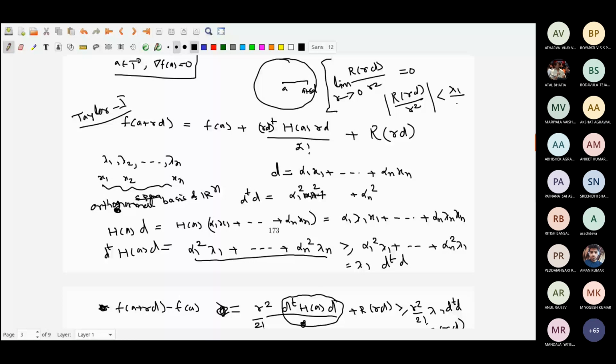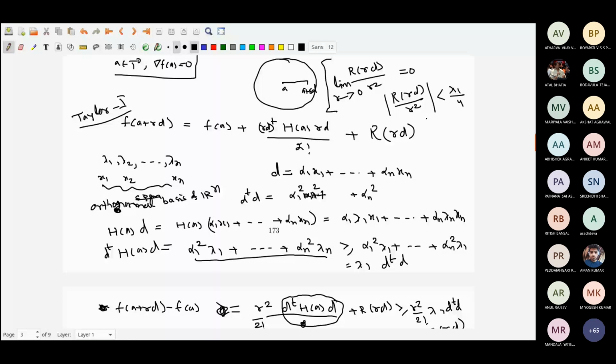Lambda 1 is a positive number, so I take this as my epsilon. Taking epsilon equal to lambda 1 by 4, I will get a delta, so that whenever the absolute value of R is less than delta, this value is less than lambda 1 by 4.